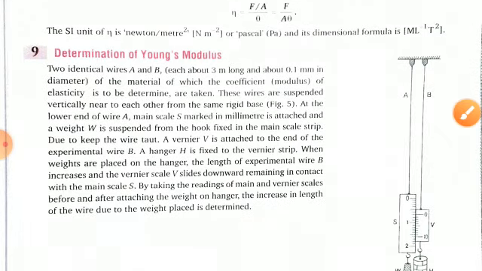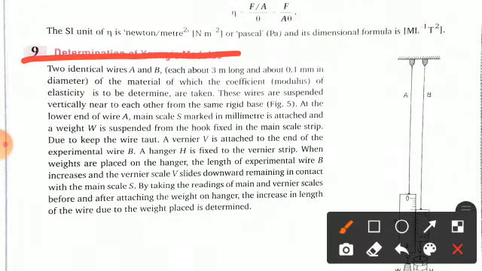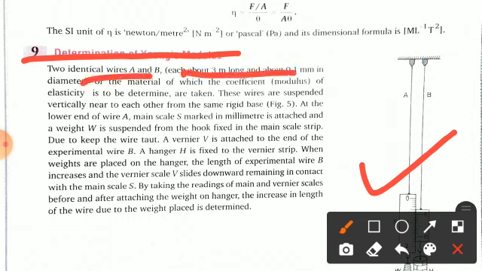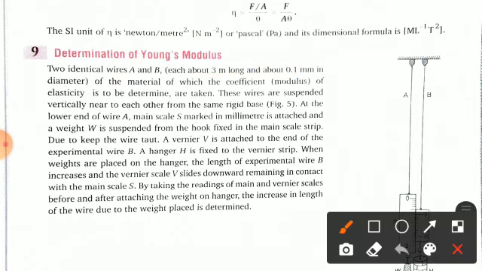Now here you can see this is the determination of the Young modulus of elasticity. With the help of this figure, they are determining the Young modulus of elasticity. What is going on here? They take two identical wires A and B, about 3 meter long and about 0.1 mm in thickness or diameter. Clear? So the coefficient of modulus of elasticity is to be determined.